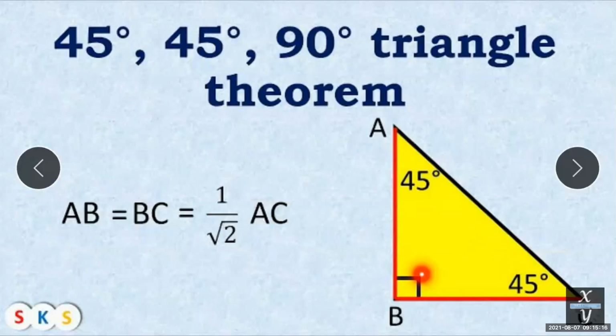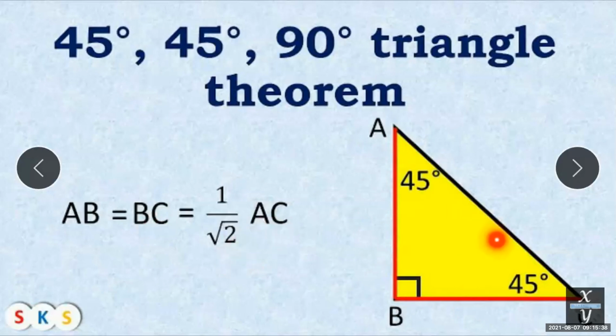Now for this, what is the rule? AB equal to BC. Now see, AB equal to BC.